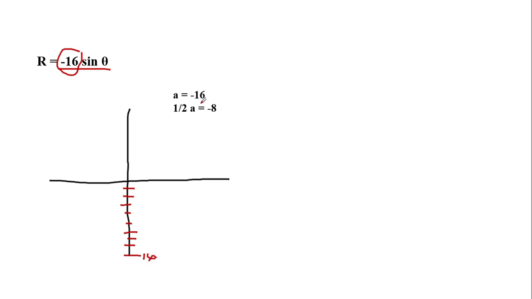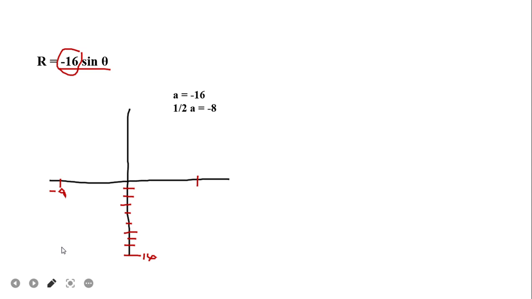And then our half of A is negative 8. Let's say it is here and travel 8 to the left. Negative 8. So this is going to be the graph.